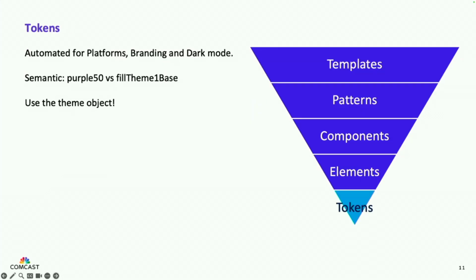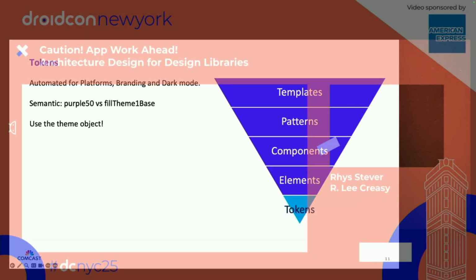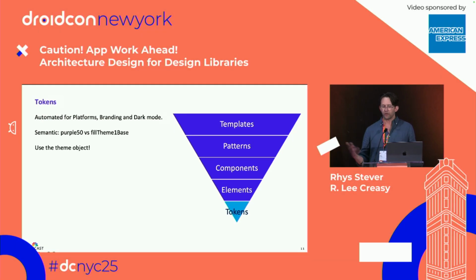Our tokens are automated to generate for all platforms. Again, Arash did a great presentation on this. We output to all of our platforms, and it also supports dark mode and light mode. The other thing that our app does is we white label the app.